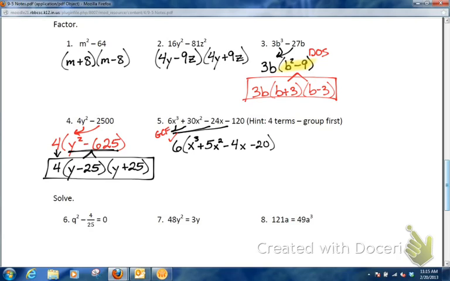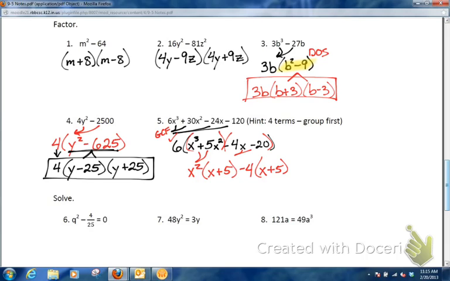But I'm not done because I still have 4 terms here, and 4 terms means I still need to group factor. So put these two in a group, factor those out, and I'll take out an x squared, leaving me with x plus 5. Here I'm going to factor out a negative 4, leaving me with x plus 5.